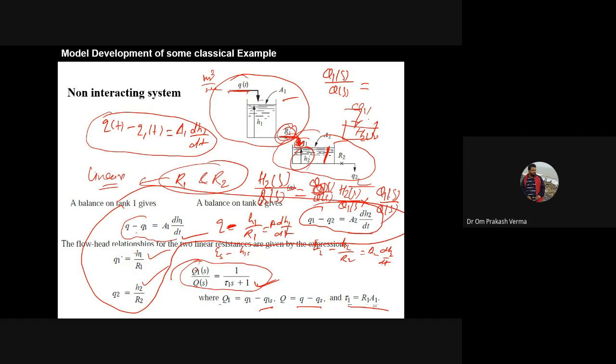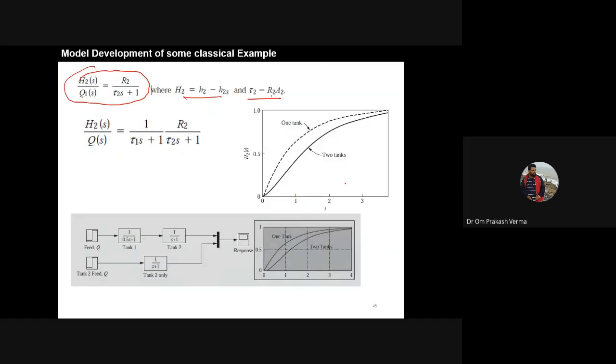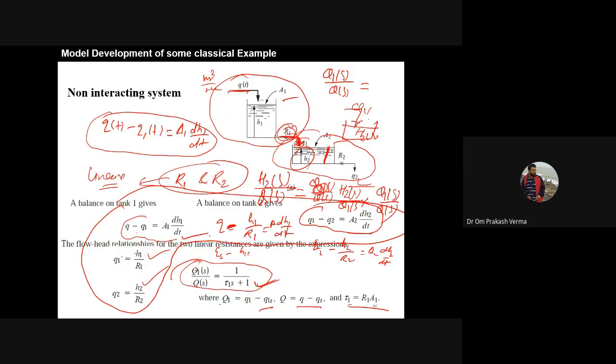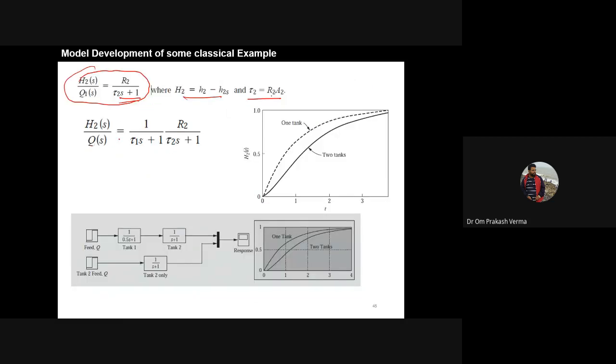This equation comes from here, and Q1S upon QS from this equation. Just multiply both equations. H2S upon QS is H2S upon Q1S into Q1S upon QS.